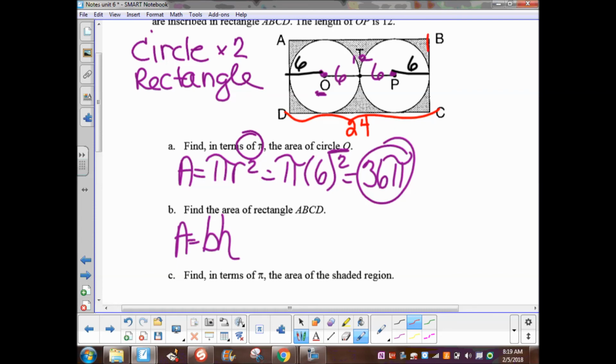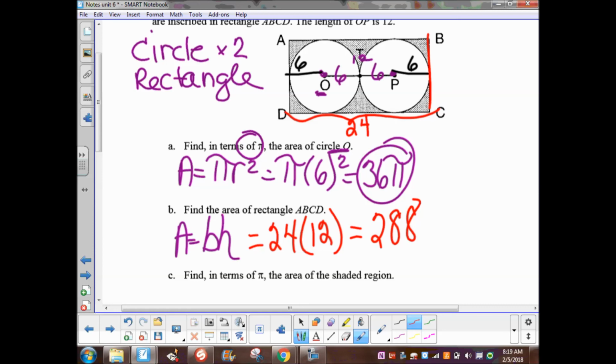Then what is the height of this? Somebody said it. Oh, it's the diameter. So 24 times 12, help me out, I don't have that in front of me. What is it, 1,080? 1,280? No, it's just 288. Wow. 288. Okay. Are we good now? It's 288? Okay. So that's the area of the rectangle.